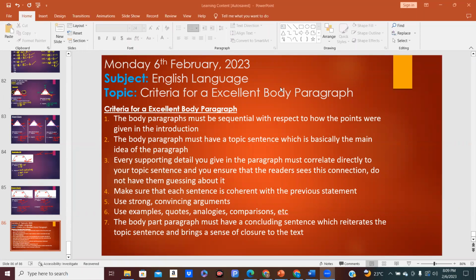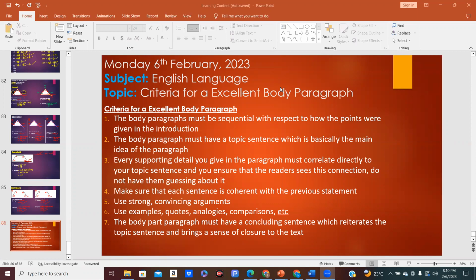The first thing, it says the body paragraphs must be sequential with respect to how the points were given in the introduction. All that basically is saying is that the order that you use in the introduction, you should follow that with your body paragraphs. So if you say crime is increased because of social media influence, poverty, and unemployment, then your first body paragraph should talk about number 1, social media, then number 2, poverty, then number 3, unemployment, in the exact order that you mentioned it inside your thesis.